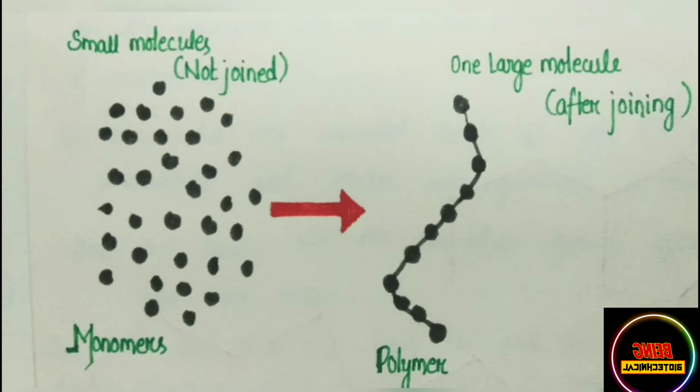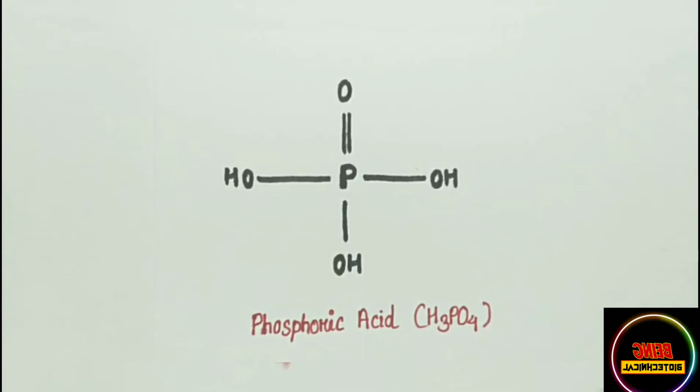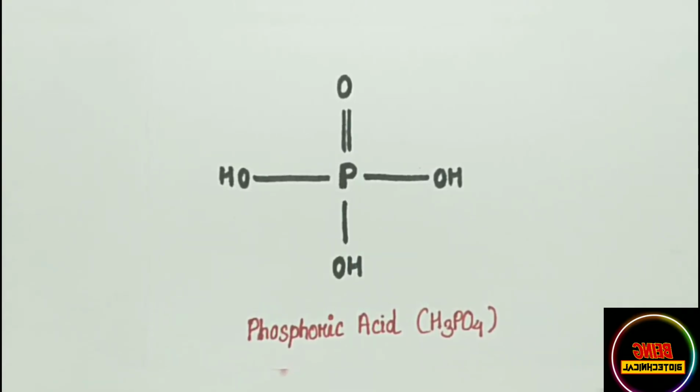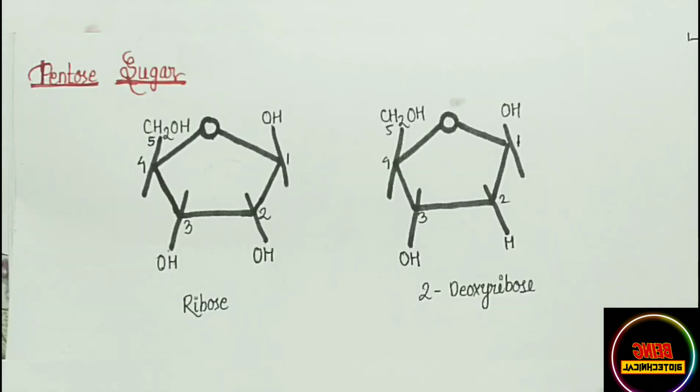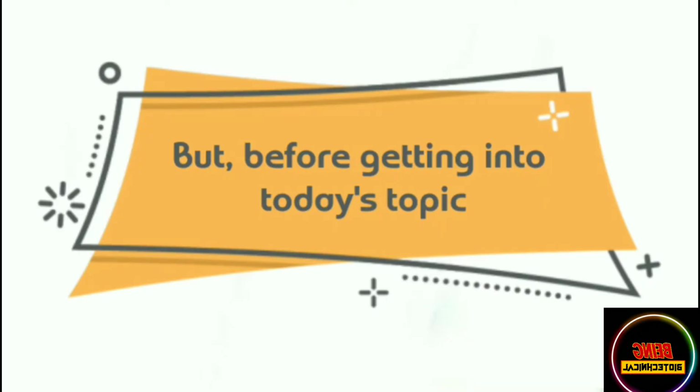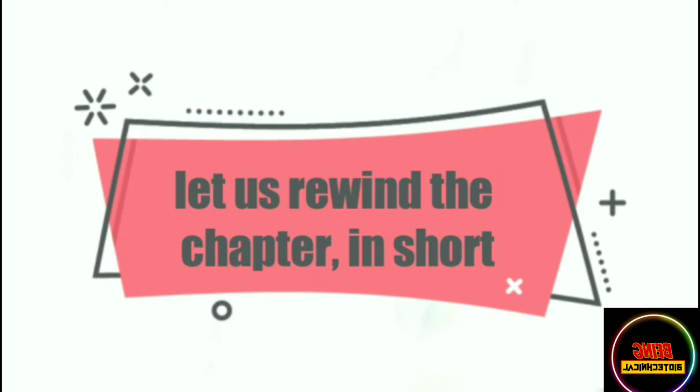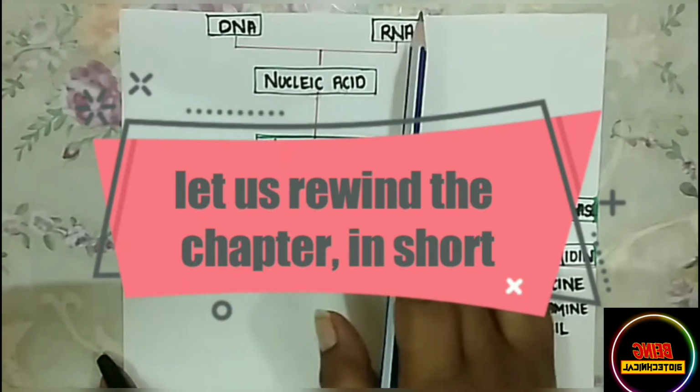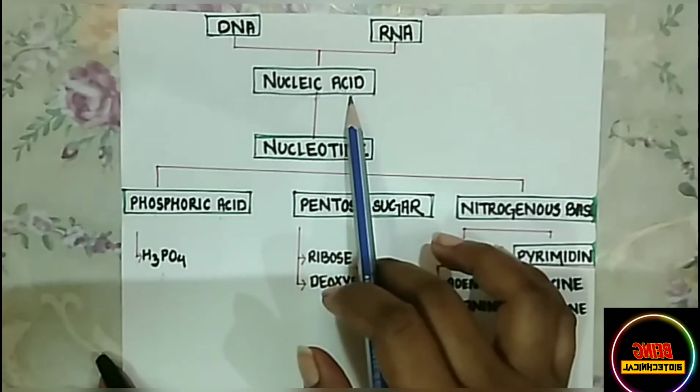In the previous video, we also discussed two components of nucleotides. In this video, we would look at the third and last component of nucleotide and their arrangement. But before that, let me rewind the whole concept once more. DNA and RNA are both nucleic acids.